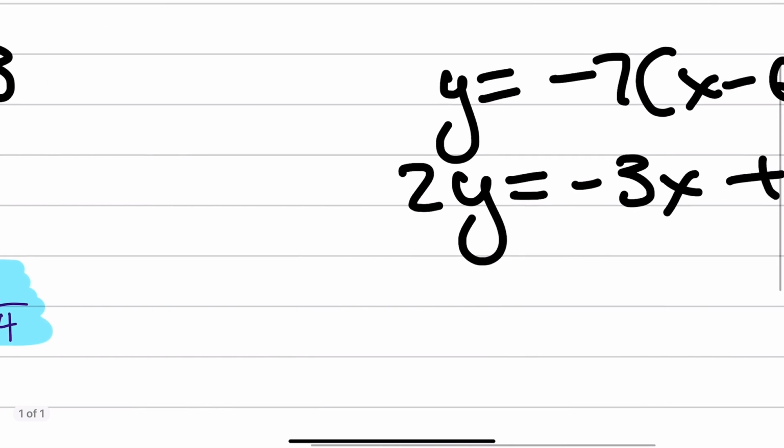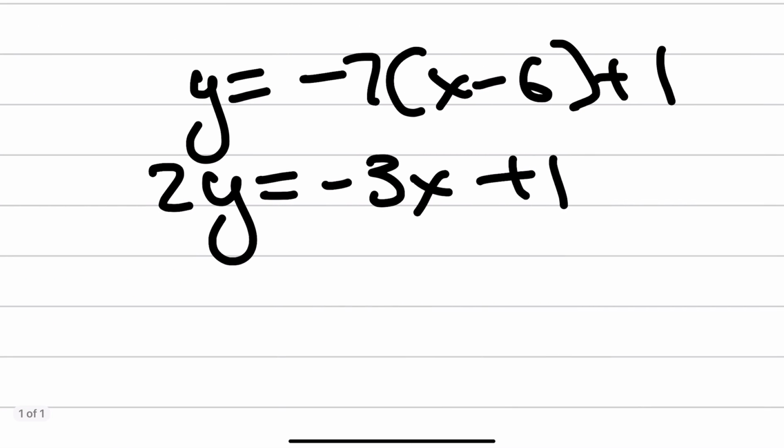Let's see about the next one. All right, so the top one is going to be an HK, so that's negative 7 as its slope. And then it looks like we're halfway through changing our standard to a slope-intercept. We just need to get y by itself here. Well, we need to get rid of that 2, so we're just going to divide by 2.